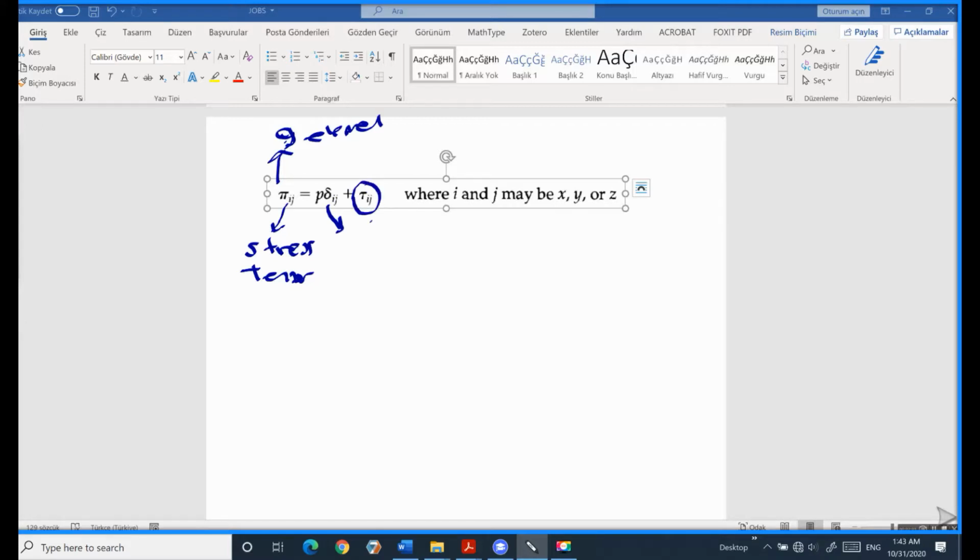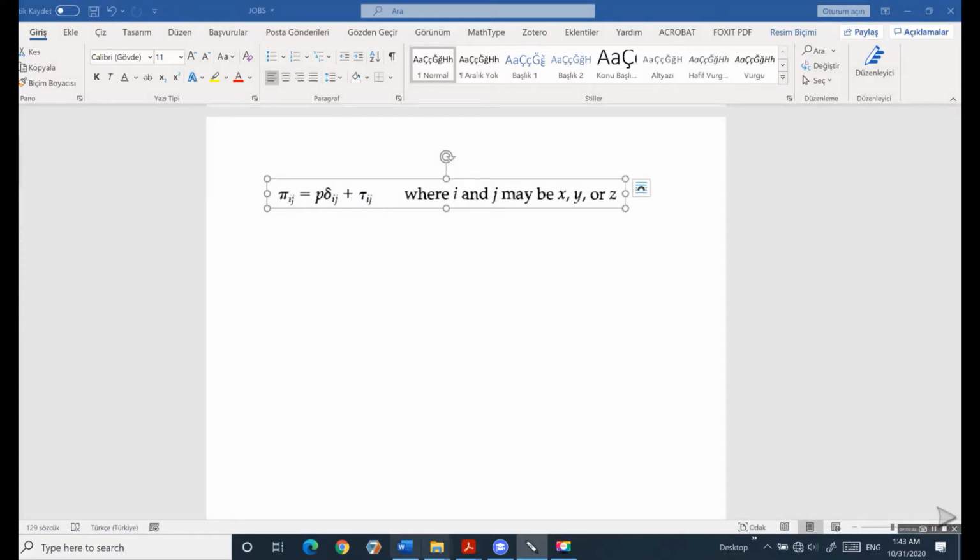That term is the viscous stress forces acting on the fluid. This also has 9 elements.